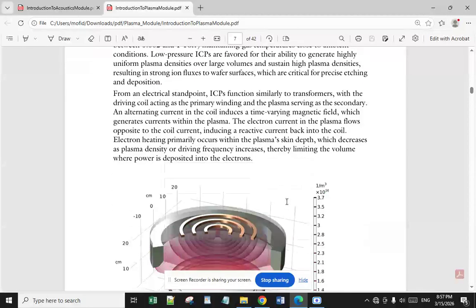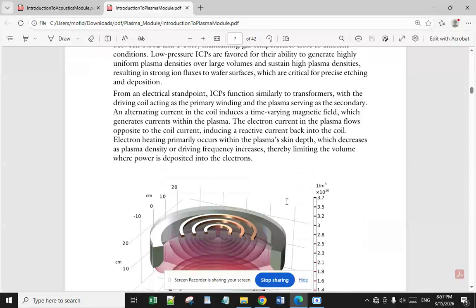deposition. From an electrical standpoint, ICPs function similarly to transformers, with the driving coil acting as the primary winding and the plasma serving as the secondary. An alternating current in the coil induces a time-varying magnetic field which generates currents within the plasma.